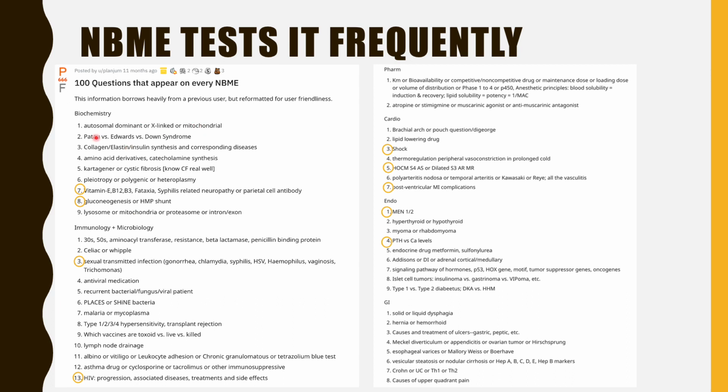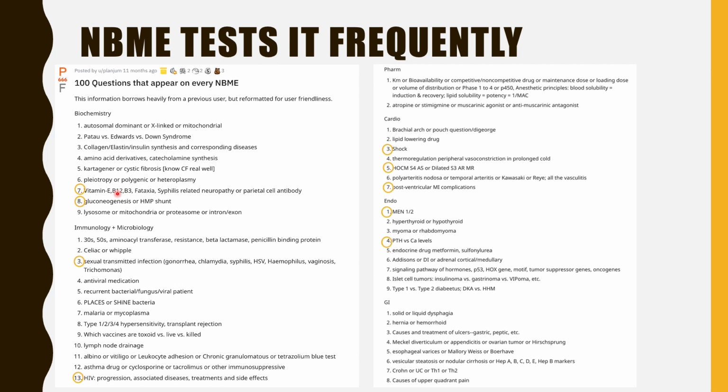So I didn't get a lot on the inheritance mode or even Down or PATHOMA or this stuff, but I got questions on vitamin deficiencies. This is something that you can't go into the test without knowing. And there is an app like Sketchy.